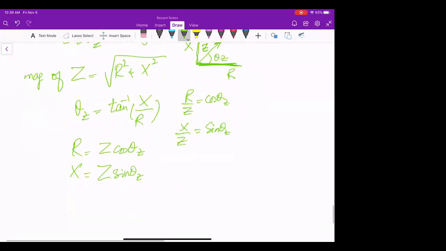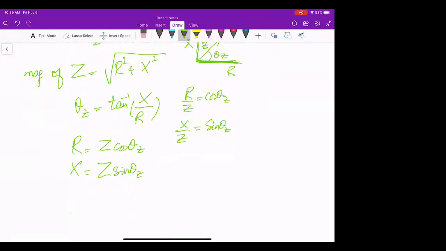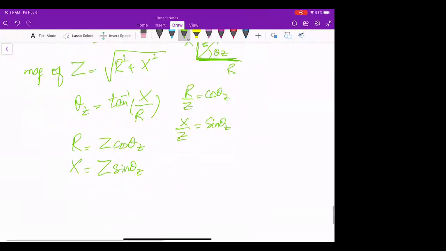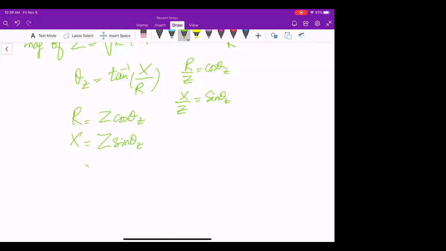But we want to relate impedance to admittance as well. We know that admittance is the inverse, or reciprocal, of impedance. So admittance Y is equal to 1 by Z. Another form of defining it is G plus jB, where G is our conductance and B is our susceptance.